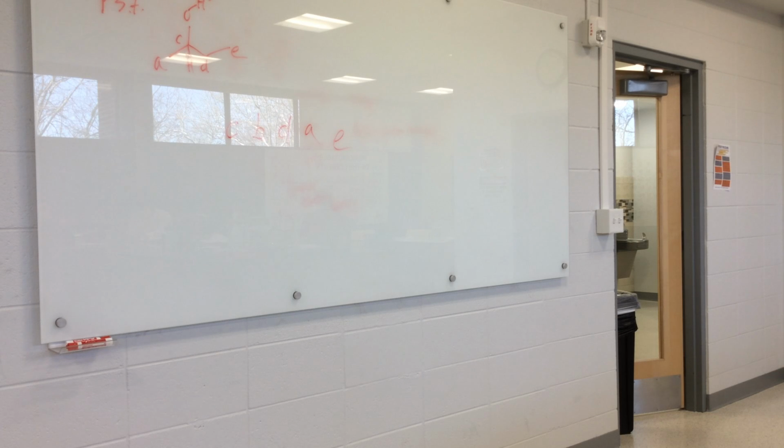Again, this carbon is directly connected to oxygen, so it must have the lowest electron density. When it has the lowest electron density, it must have the highest chemical shift. So D is the most left.